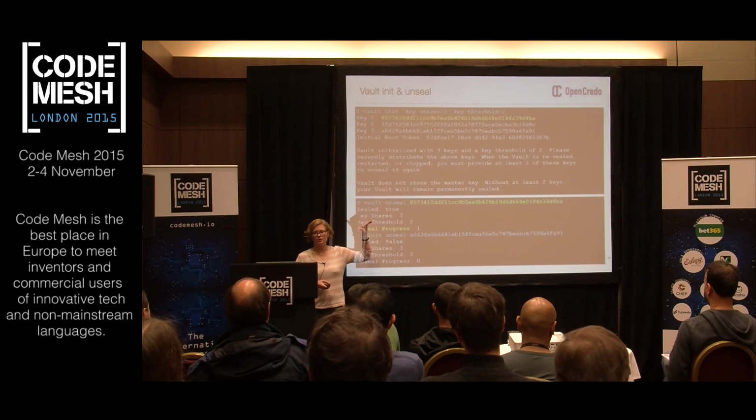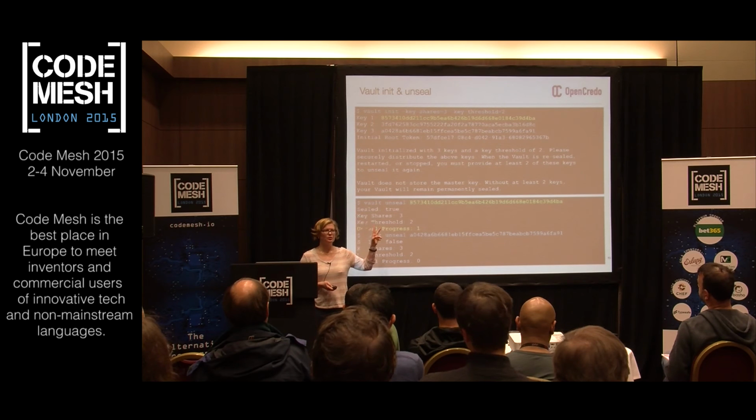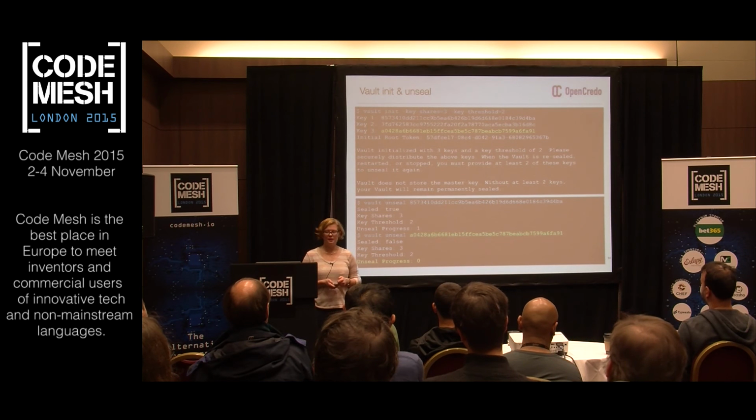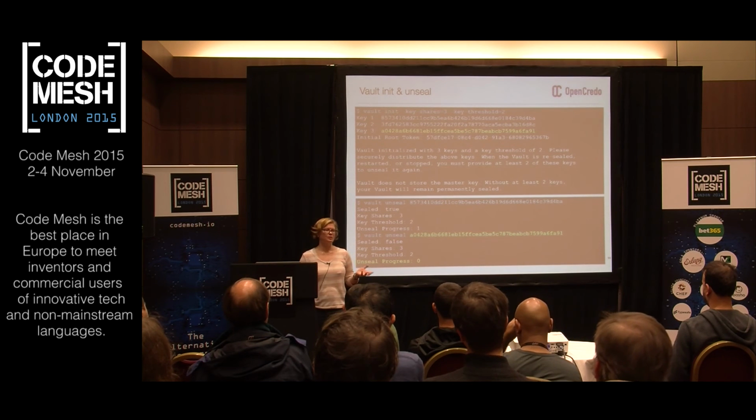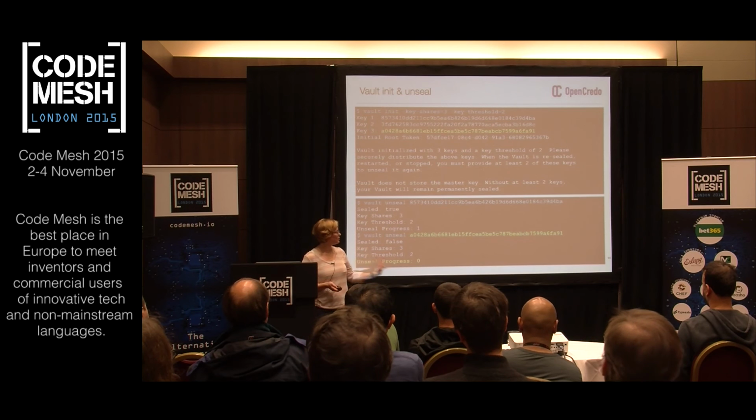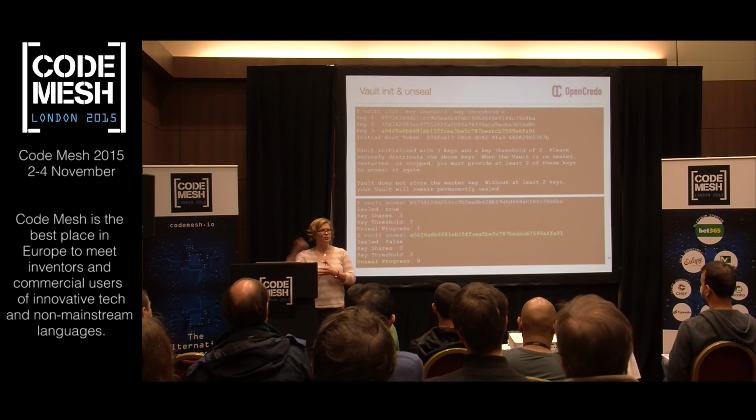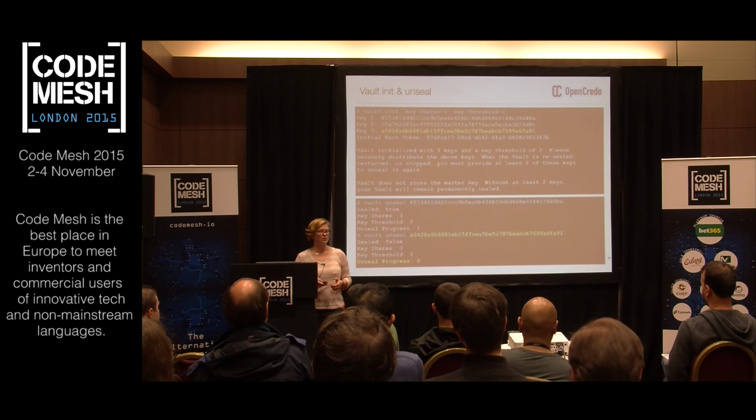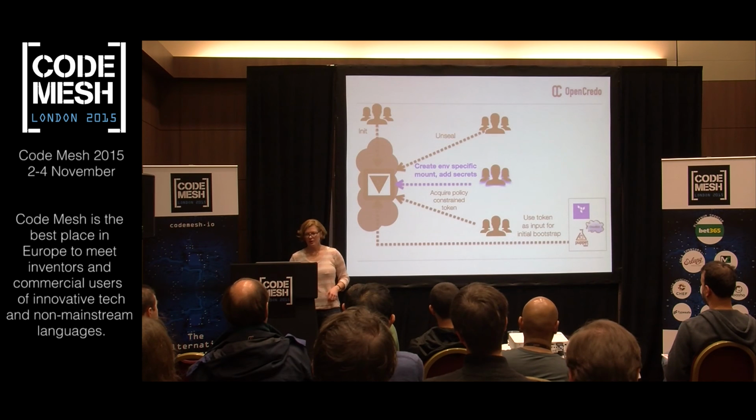In this case, we've got somebody who's used the first key, and they've essentially unsealed the vault, and you can see it's noted, 1 down, 1 to go. So at least one of those other 2 keys needs to be used in order to unseal the rest of the vault. And then somebody can put that key in, and it will say, all right, Vault is now completely unsealed, 2 down, 0 to go. It's now available for the environments to be able to use and get their secrets out of.